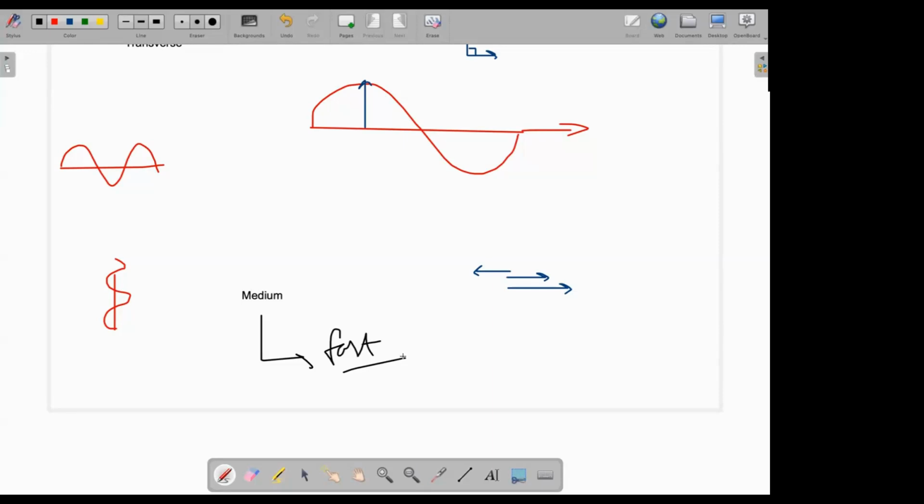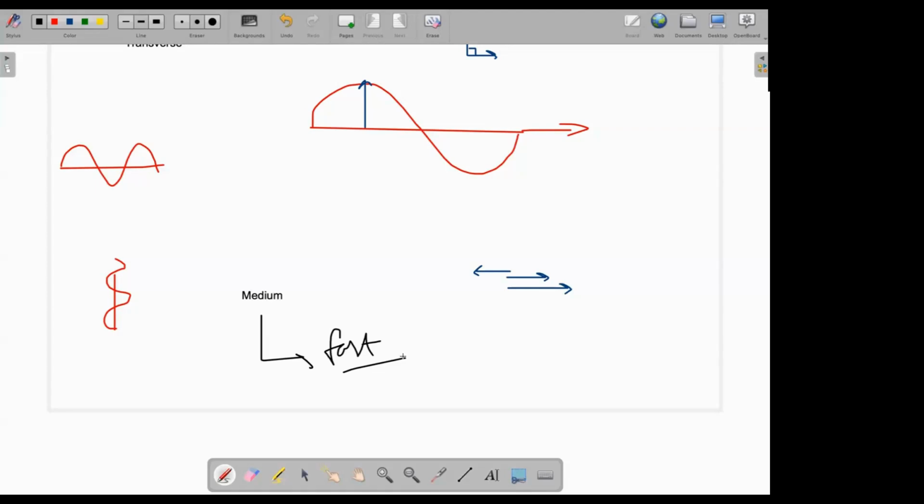It is the build of the waves, which we will see separately when we study sound and electromagnetic waves: how they are built, which makes them fast here and there. So the medium decides the speed of the wave in that particular medium, and it depends on what type of wave it is and how it transfers energy.